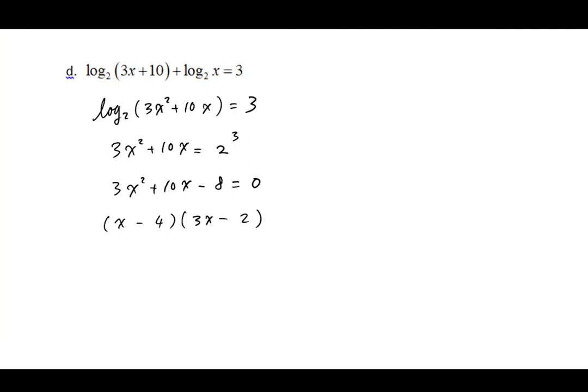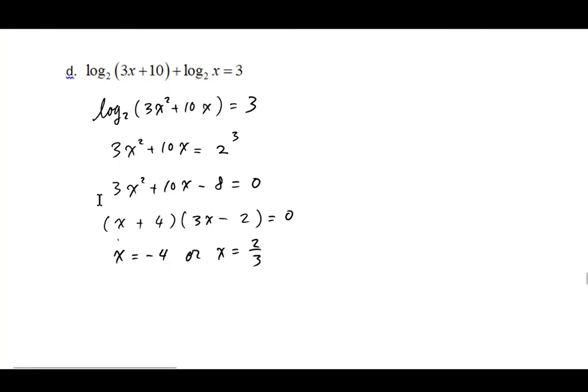Write both of them as negative for now, and this gives me negative 12x, but I want positive 10, so I want that to be positive. And this gives me negative 2x, and together that gives positive 10x. So that tells you this needs to be positive. So that's equal to 0. That tells you x is equal to either negative 4 or x is equal to 2/3.